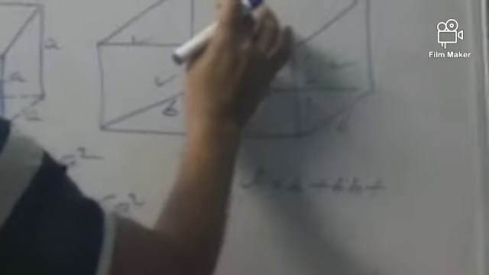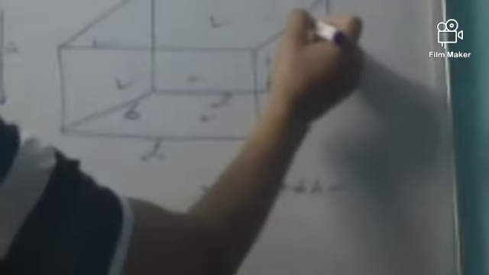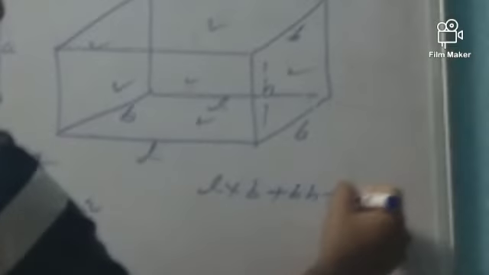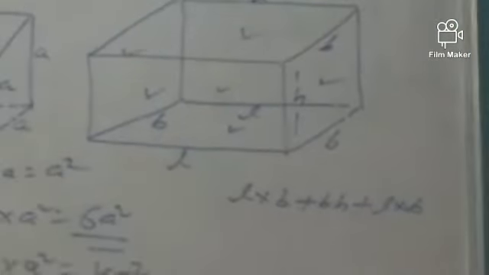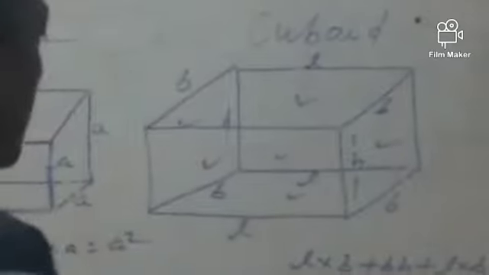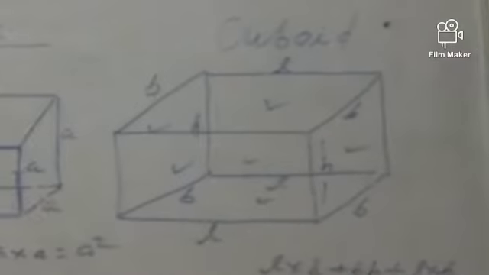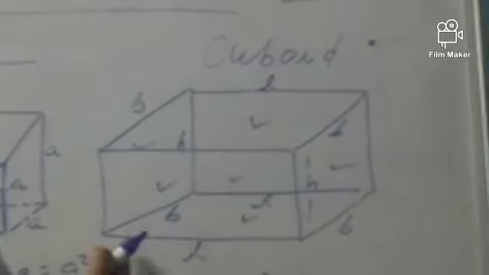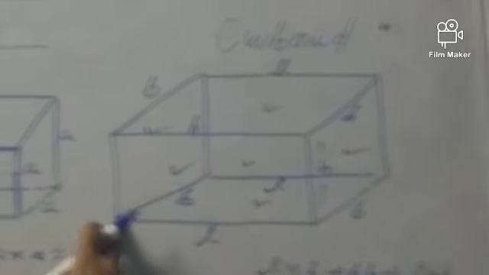Similarly, it will come B into H, so plus B into H. Now for the third rectangle, this is B and this is again L, so again it will come L into B. Then for this one, this is B and this is H, so another B into H will come. Again, for the next one, this is L and H.